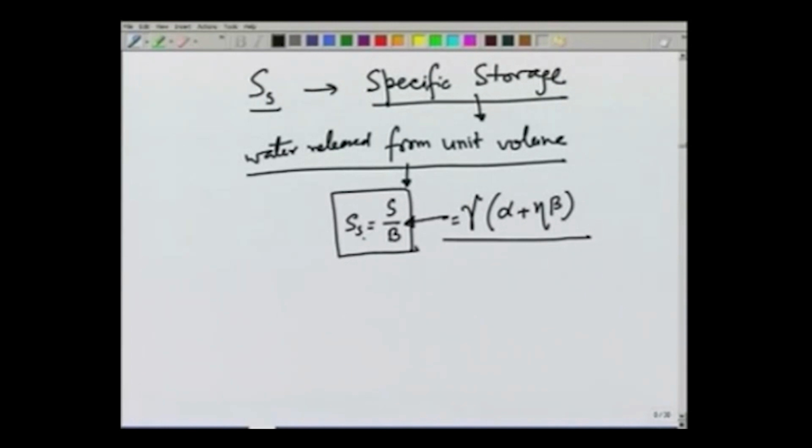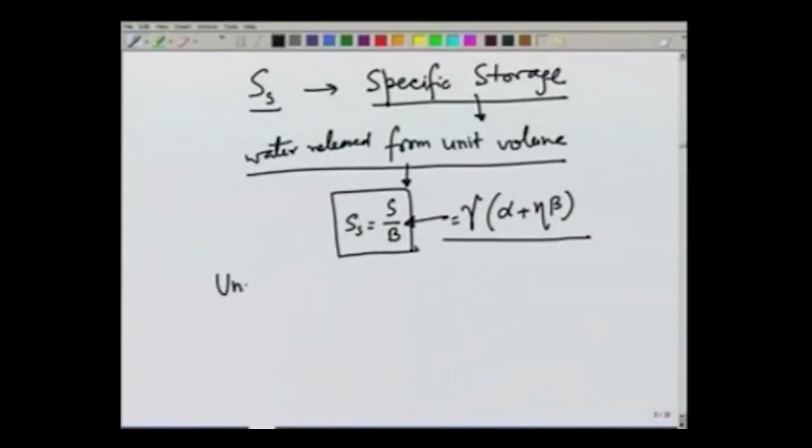SS will be used when we derive our continuity equation for confined aquifer case. For unconfined aquifer, the storage coefficient S is equal to the specific yield.